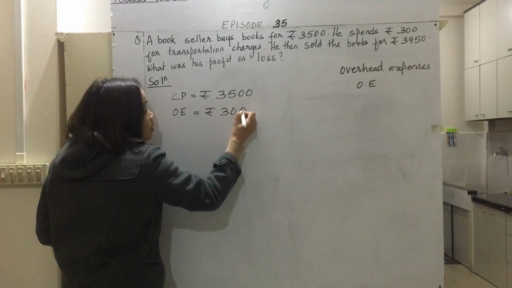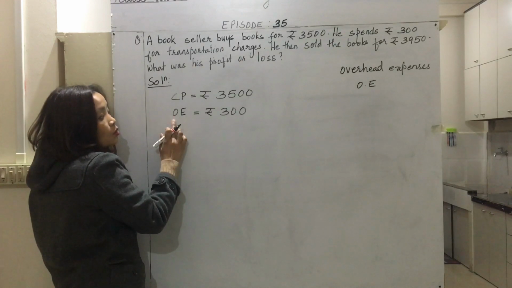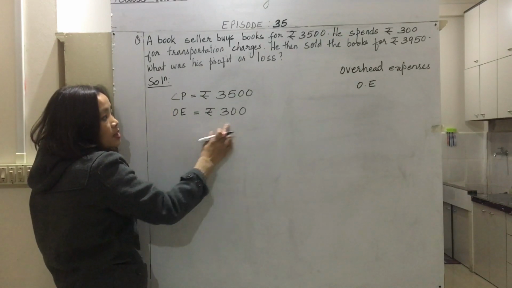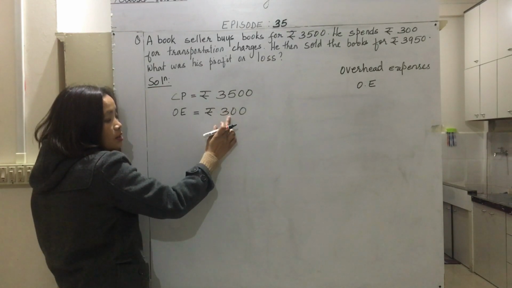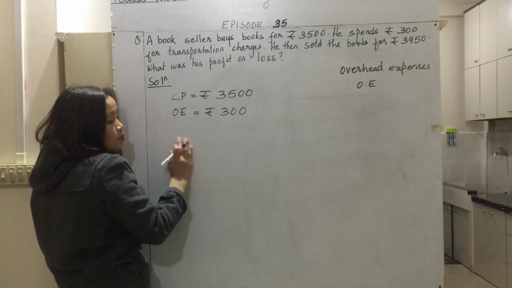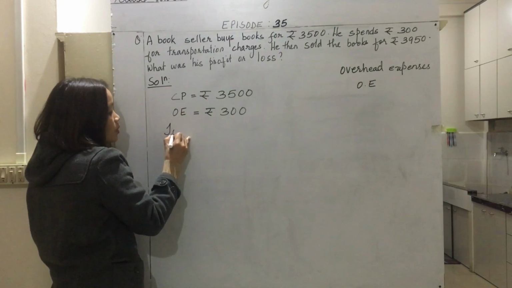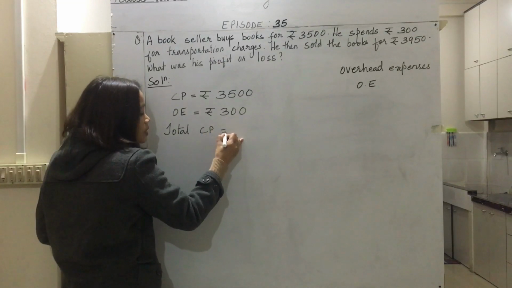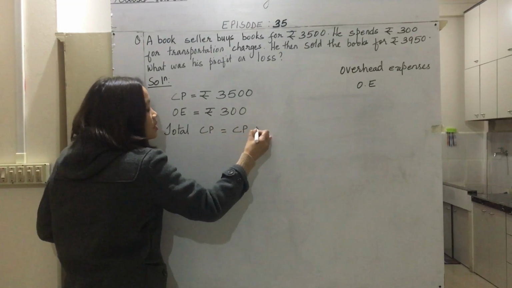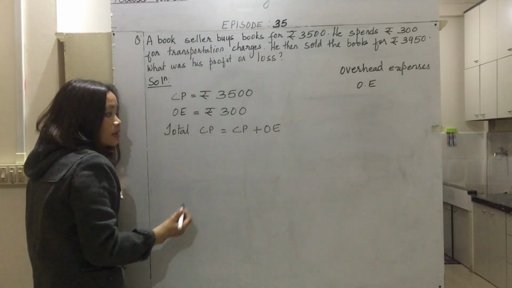Right? When we have OE, we will always calculate total CP. How do we calculate? The original CP and the overhead expenses are added together, right?